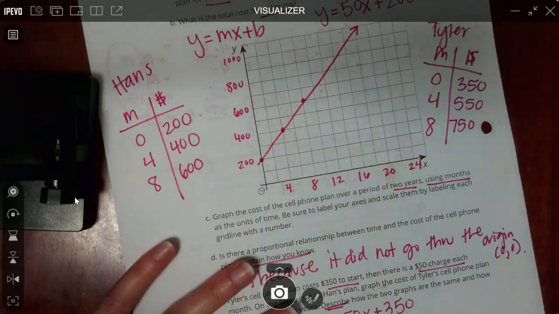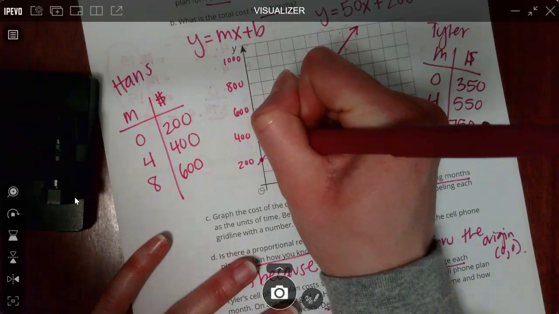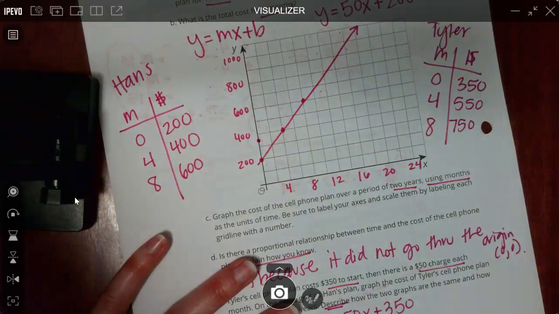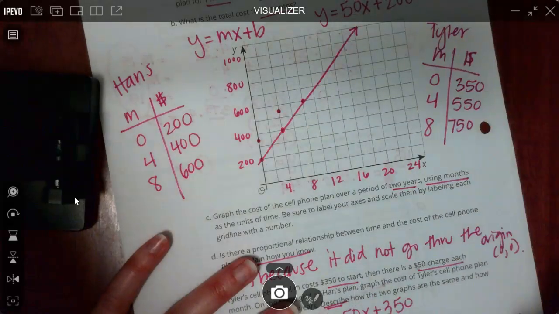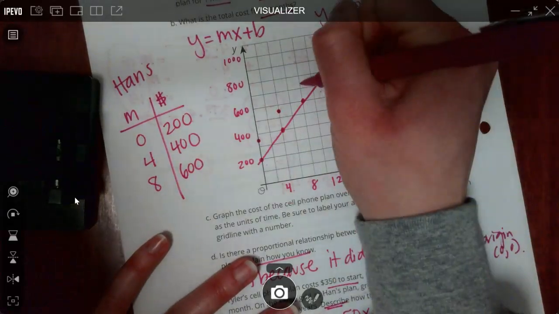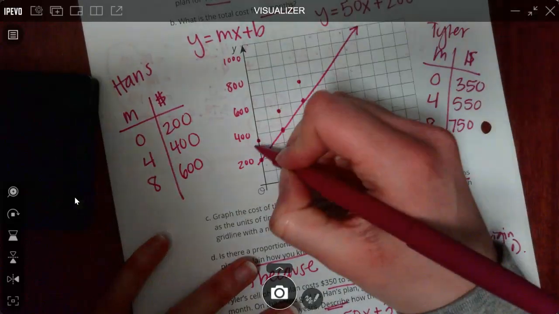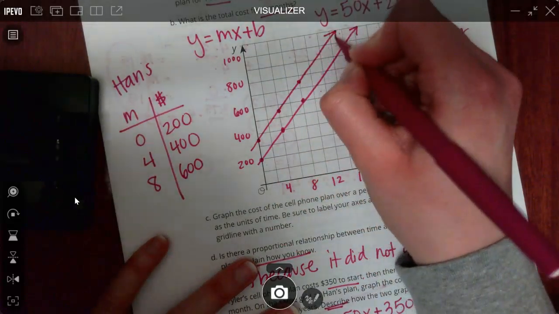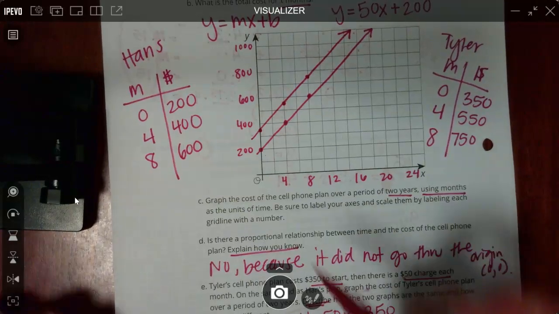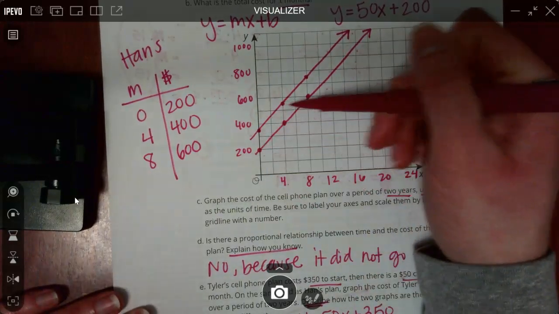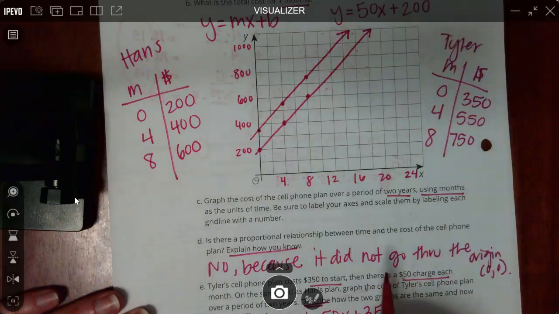All right, let's see where we're at now. So 0, 350, so about here. 4, 550, about here. And 8, 750, about here. Draw my points. Interesting. Okay, now if I look, my points line up pretty perfectly.